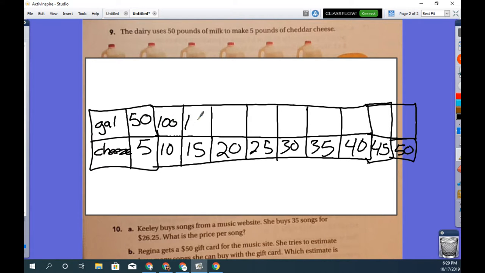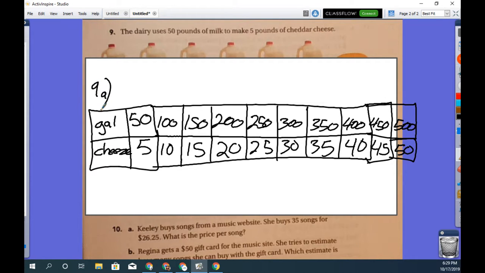So we're 100, 150, 200, 250, 300, 350, 400, 450, and then 500. With that, we're done with 9A, I believe, 9A.